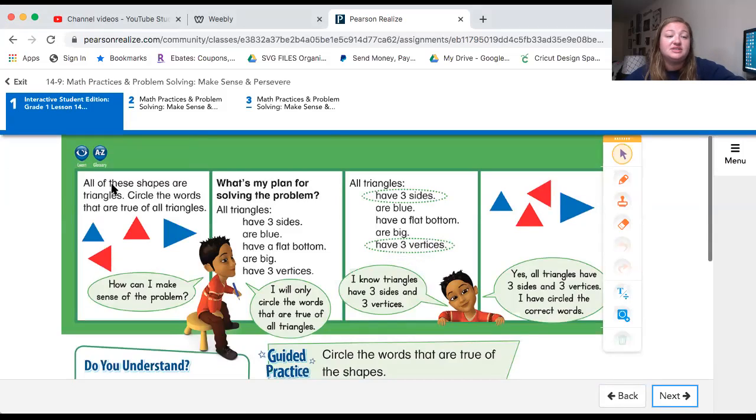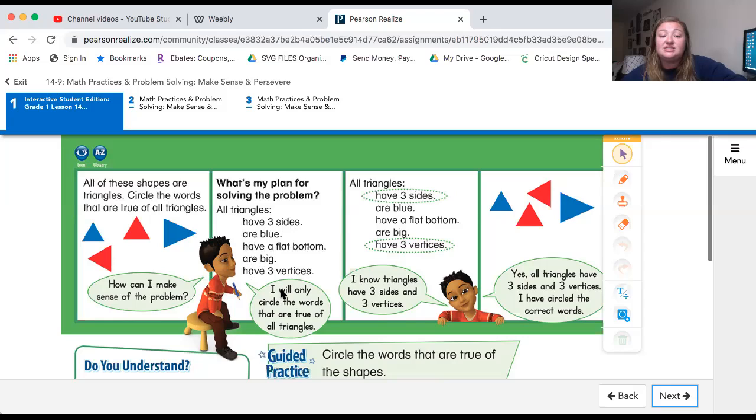The first one says, all of these shapes are triangles. Circle the words that are true about all triangles. So not just these triangles in this first box, but all triangles. So you have to think, well, what's my plan for solving this problem? You have to think about triangles. Now here are your options. All triangles have 3 sides, are blue, have a flat bottom, are big, have 3 vertices.